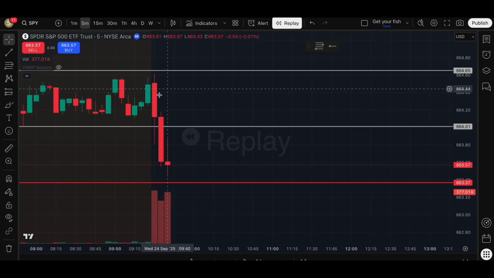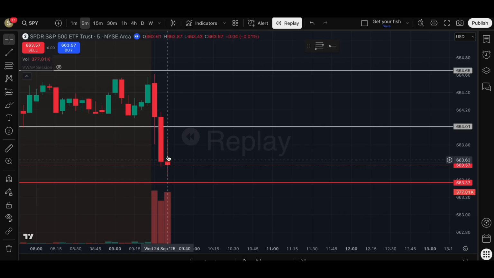What that means is every candle represents 5 minutes of buying and selling. This candle right here, 5 minutes of buying and selling. This candle right here, 5 minutes of buying and selling.